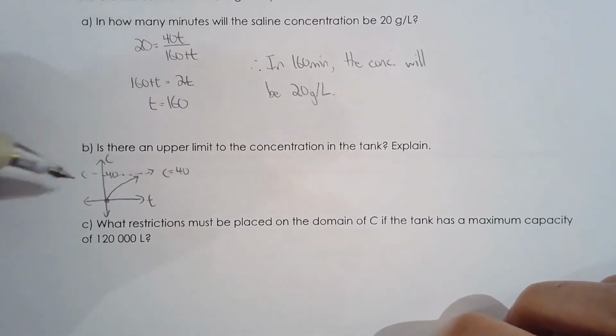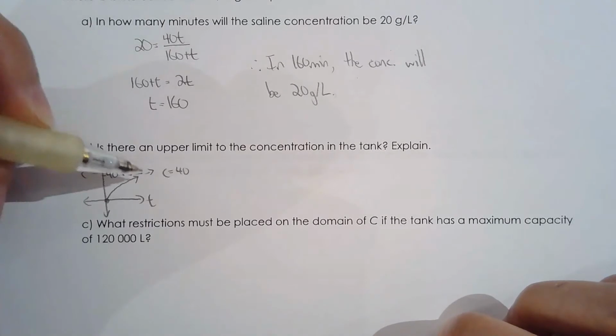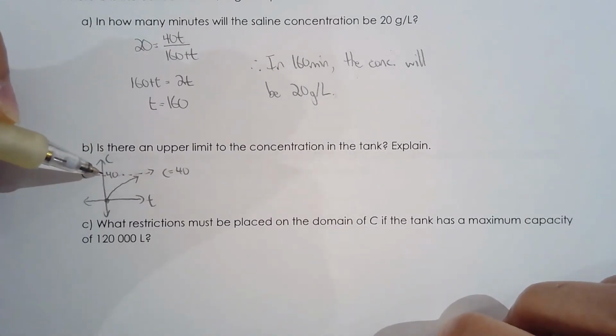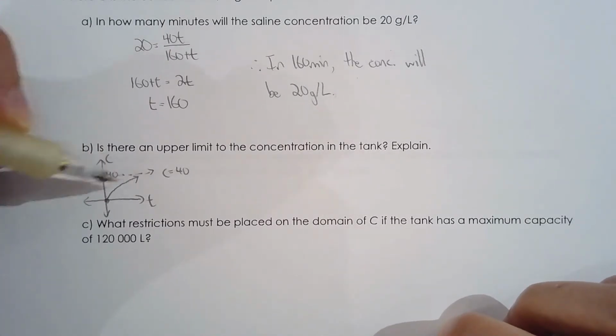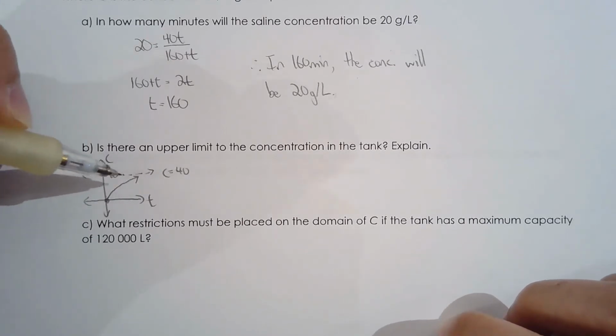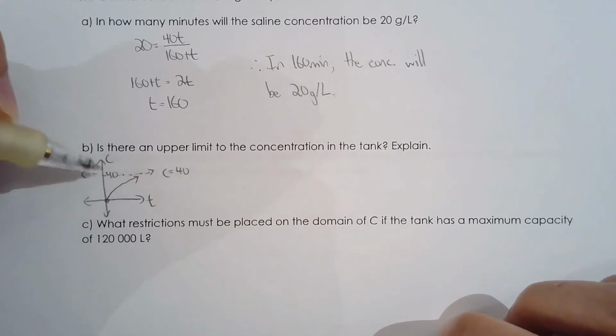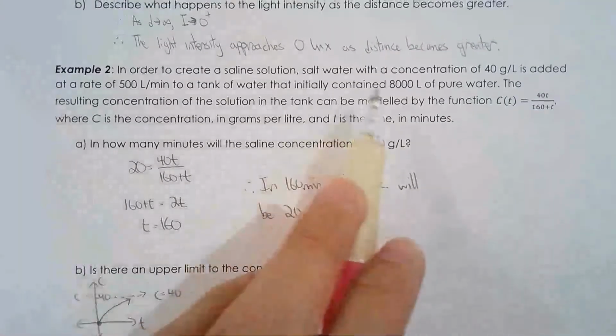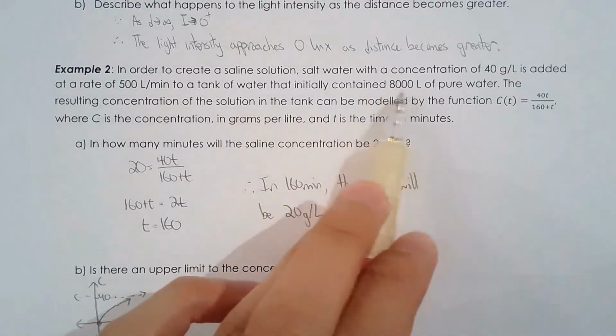In fact, you can make the argument that the concentration of the solution in the tank will always be less than 40 grams per liter. Why is it always going to be less than 40 grams per liter? Because there's an initial dilution of 8,000 liters.